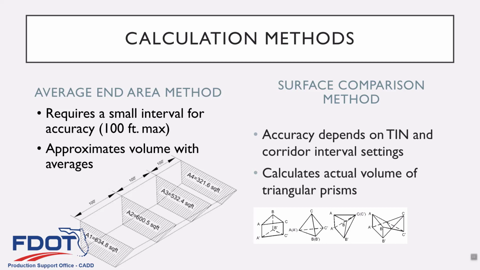We set the corridor interval. We discussed this CAD manual table that talks about the interval spacing. That's important primarily for earthwork, but other quantities as well. So the tighter that spacing is, the more accurate your calculations are going to be, but you're still going to be limited by your survey accuracy.